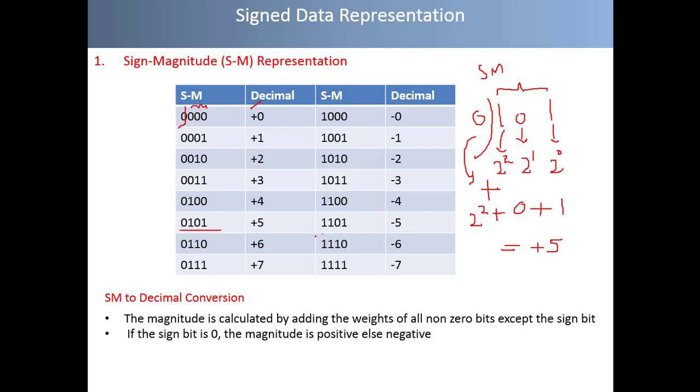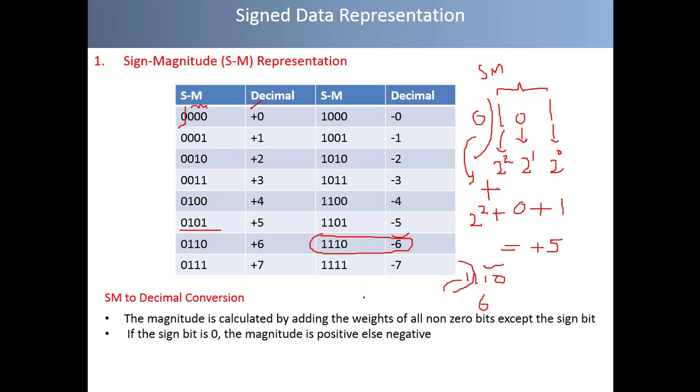Similarly, let us take this number, 1110. Let us take out the sign bit. It is 1, it means that the number is negative, and converting the remaining bits into their decimal gives us 6. So 1110 in sign magnitude representation denotes a -6 decimal number.